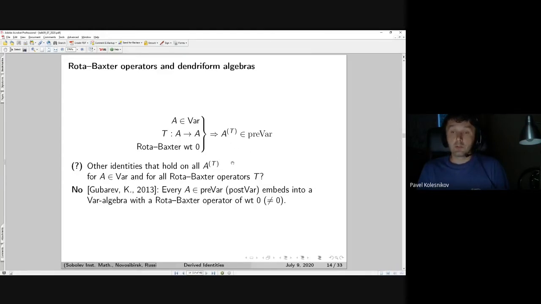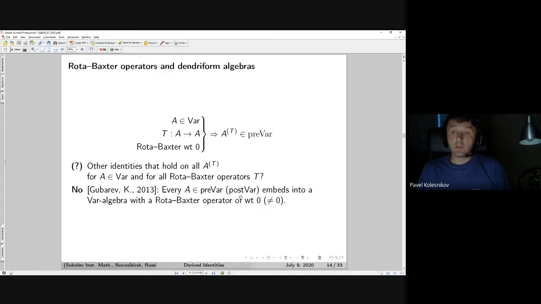It is possible to show that every pre-Var algebra, or post-Var in fact, can be embedded into a Rota-Baxter envelope. For pre-Var algebras, the envelope is with a Rota-Baxter operator of weight 0. For post-Var algebras, we can find an envelope with a Rota-Baxter operator of non-zero weight, say weight 1.